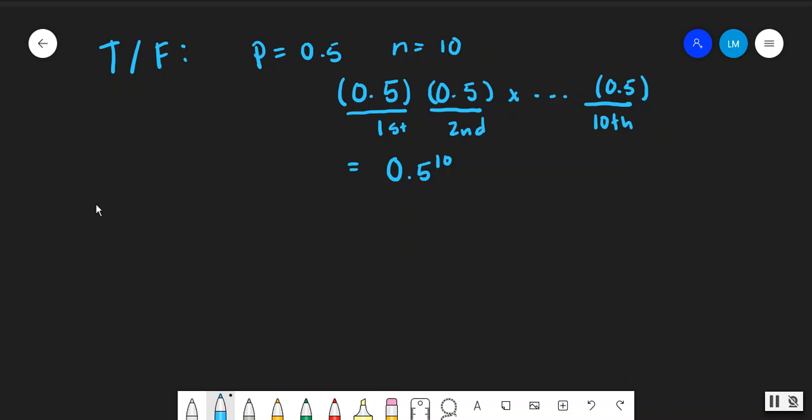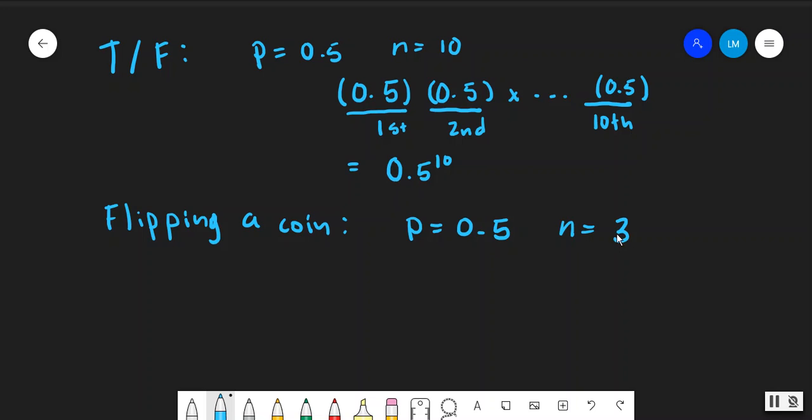Now, another way that you could think about it is the flip of a coin. If you flip a coin, then the probability, similarly, is also one half. Of course, if the coin is tossed 3 times, you might wonder, for instance, what is the probability that it doesn't land on your choice? Or let's say, what is the probability that it lands at least once?